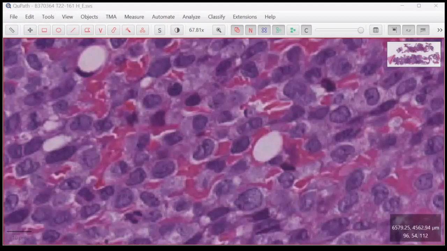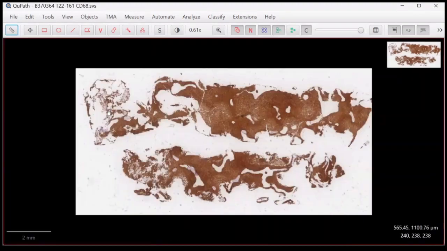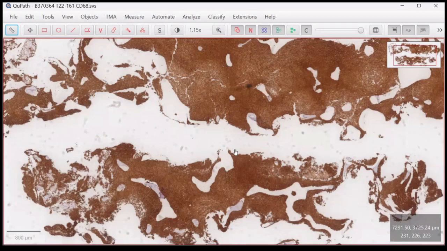This is MPO. Now we move to CD68. This is CD68.